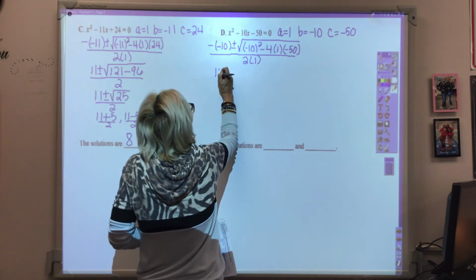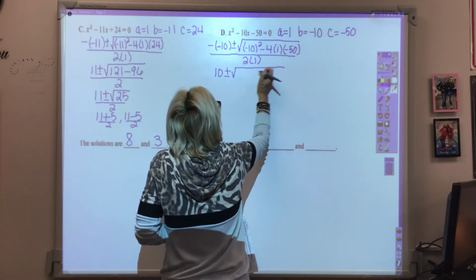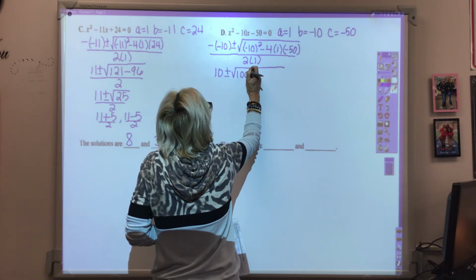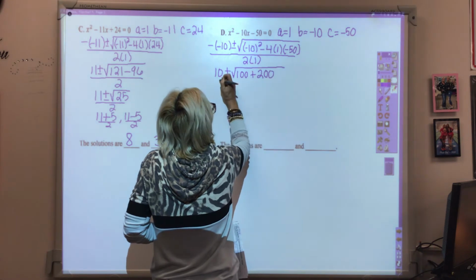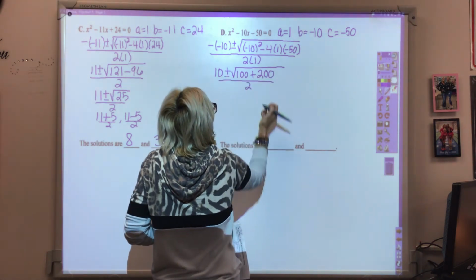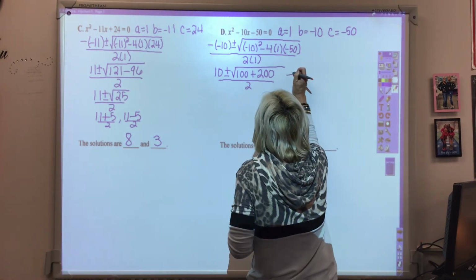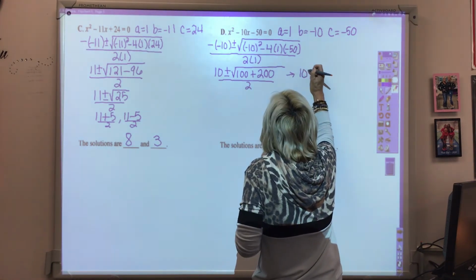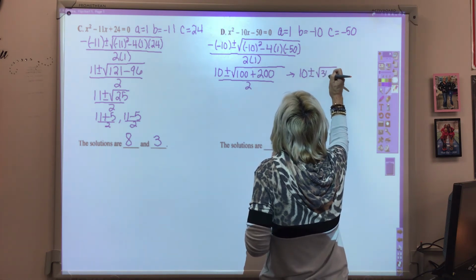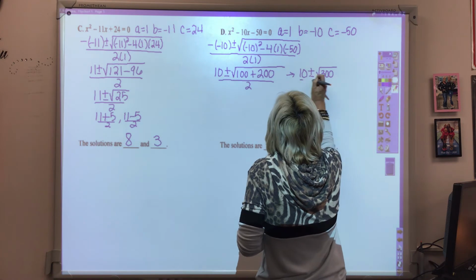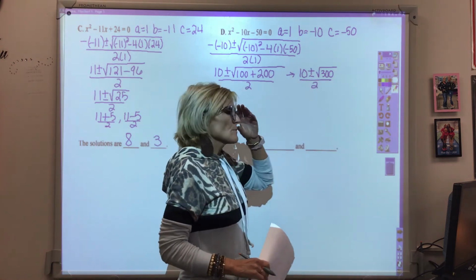So we'll have 10 plus minus the square root of 100 plus 200, all divided by 2. 100 plus 200 would be 300, so from here we would have 10 plus minus the square root of 300 all divided by 2.